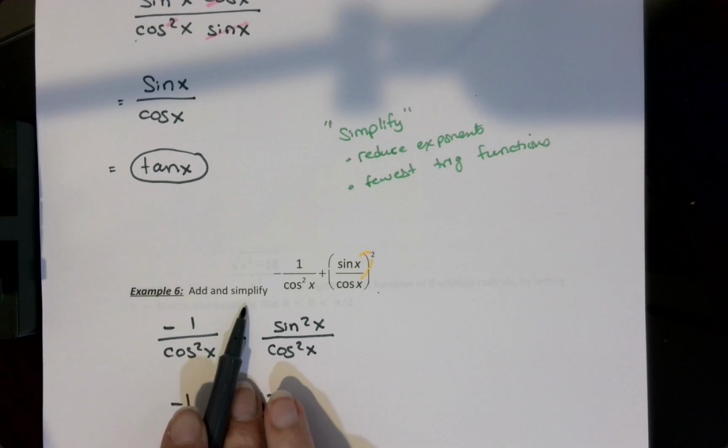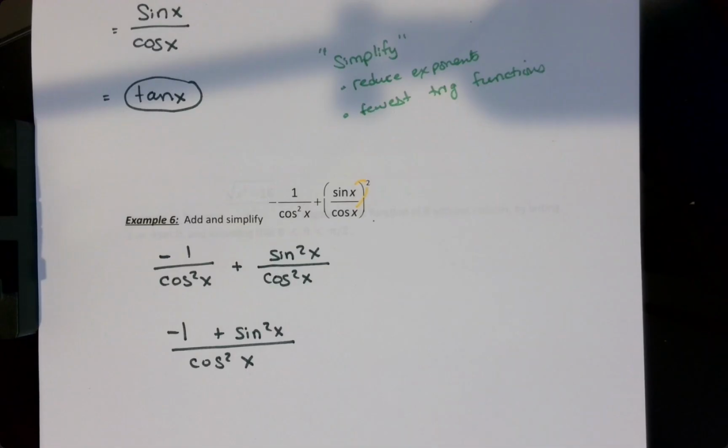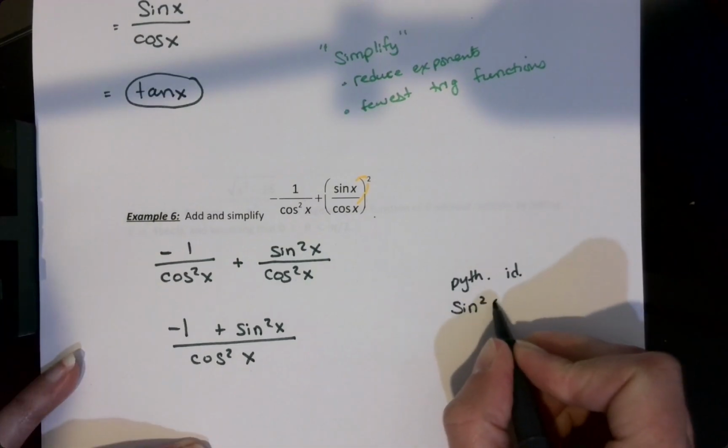So I'm hoping to be able to simplify this further. So if I know sine squared plus cosine squared equals 1, I know that sine squared theta equals 1 minus cosine squared theta, just subtracting this over to the other side. And I'm going to be able to substitute or plug this in right here.